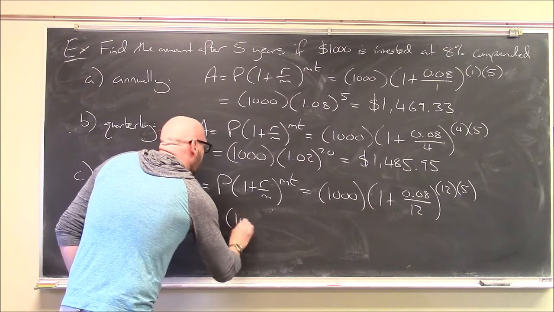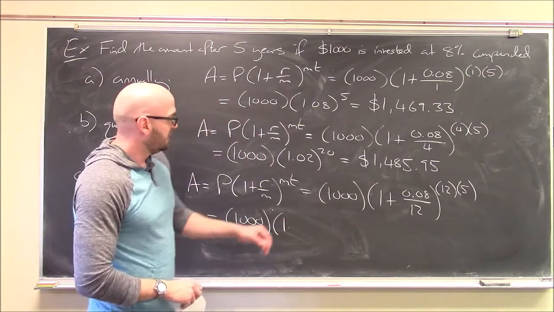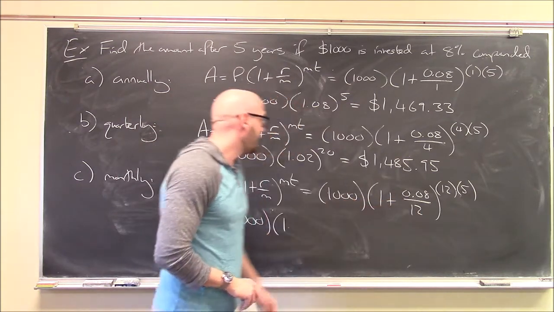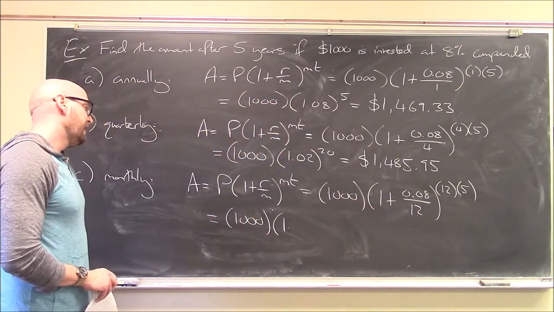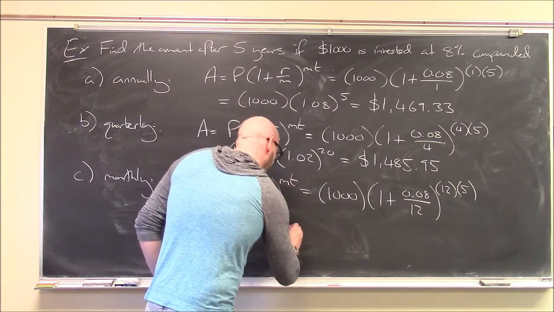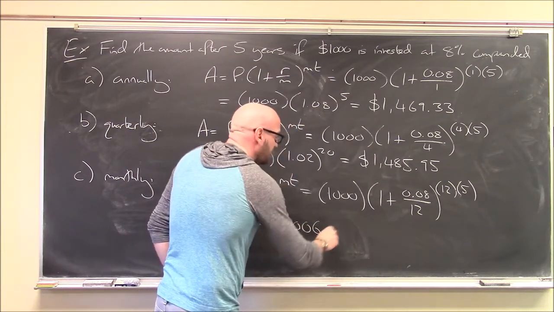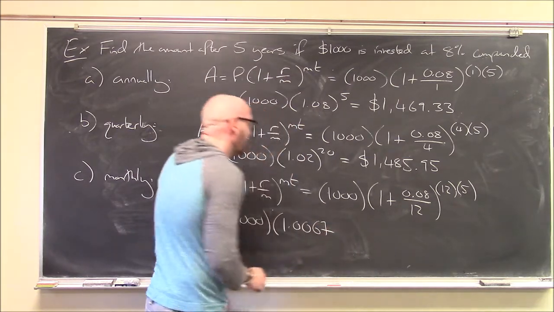So this is 1,000 times, 0.08 over 12 is 8 over 12 is 0.667, so this is going to be 1.006. Yeah, this continues forever, 6666. What is it rounded? We'll say 0.067.